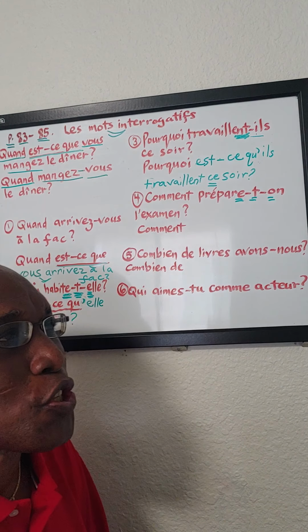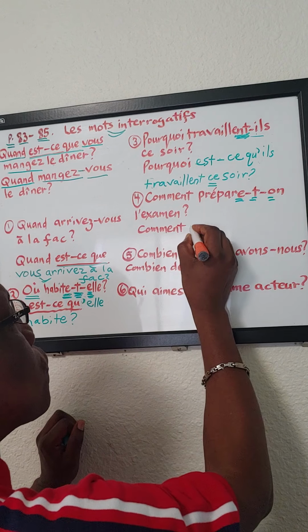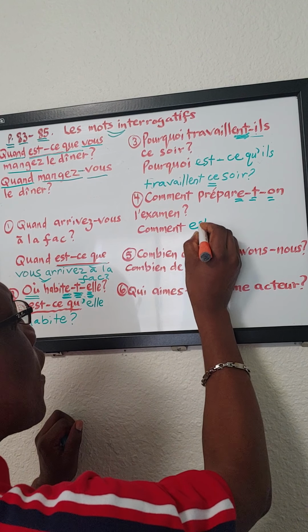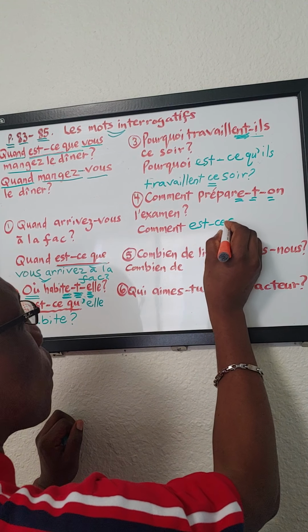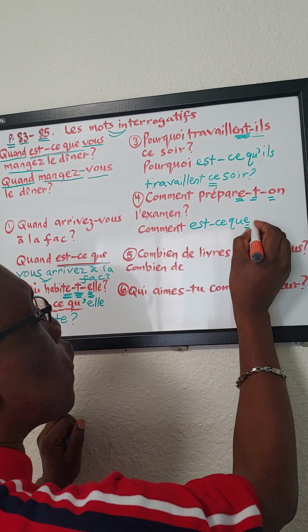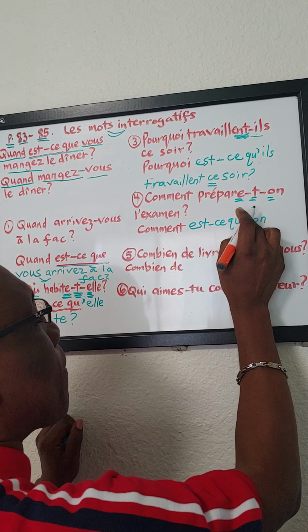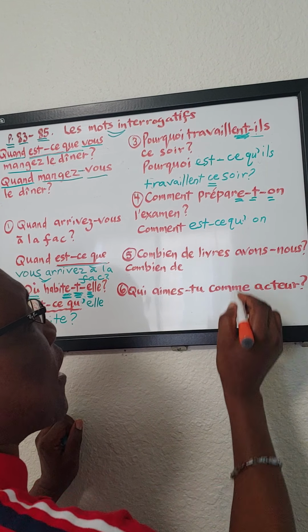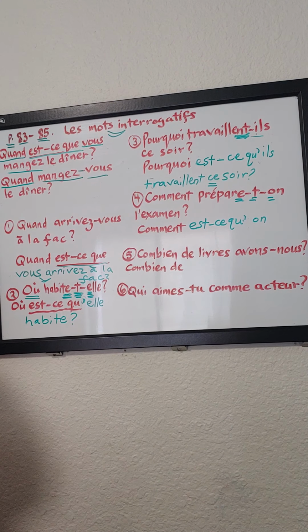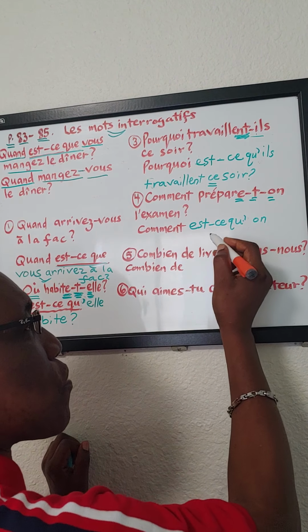Now we are going to use est-ce que. Comment est-ce que, now because we have voyelle, voyelle. Vous laissez tomber la première voyelle et vous mettez l'apostrophe. And you drop the first vowel and then you put your apostrophe.